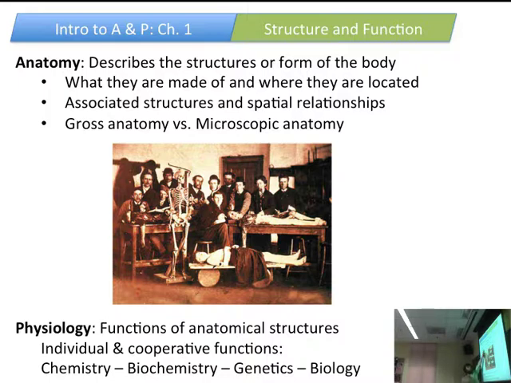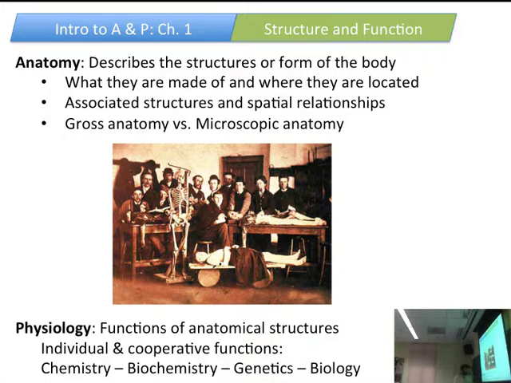So there's both gross anatomy, that doesn't mean disgusting, that means large, visible with the eye, and then microscopic anatomy, looking at cells, all right? And then there's physiology, and that's how this is the structure, this is the function, that structure-function relationship. So how do these anatomical structures work?